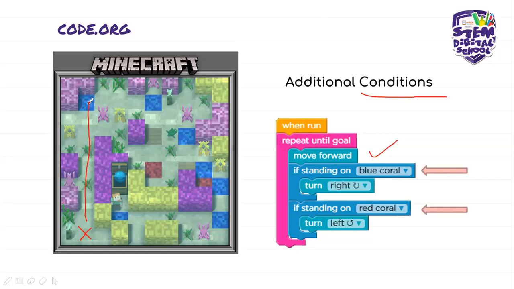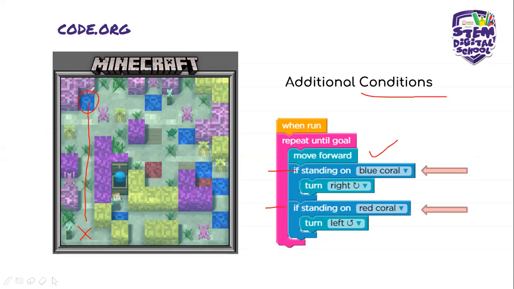So either if there is a block with blue coral, or if there is a block with red coral. Otherwise, it will just keep moving forward. Okay, now we can see right up here, there is a block with blue coral. So it keeps running through our code over and over again, looking for the two conditions to become true.